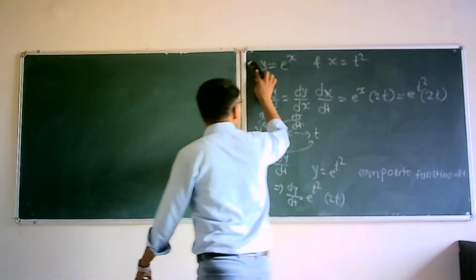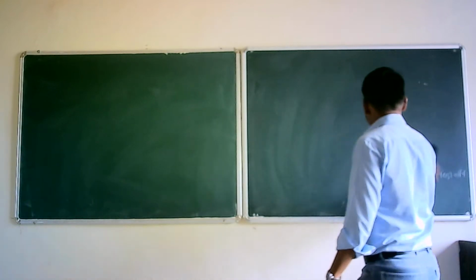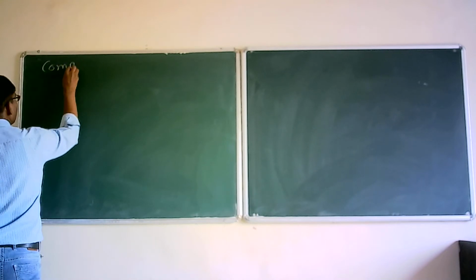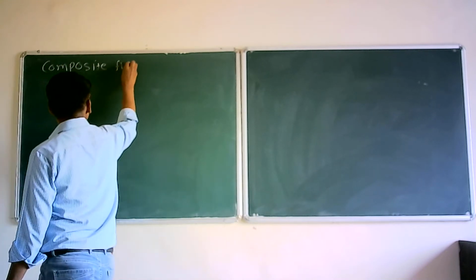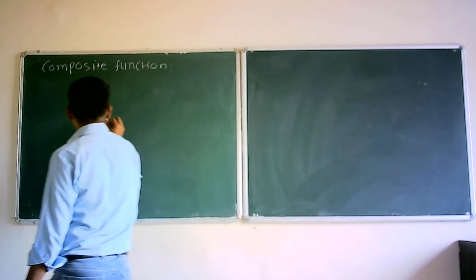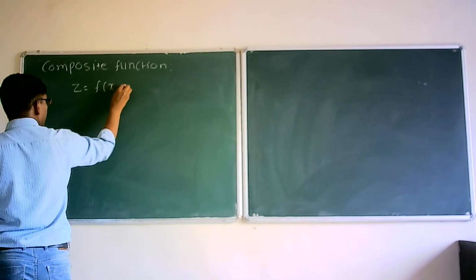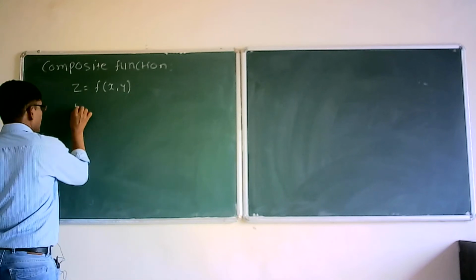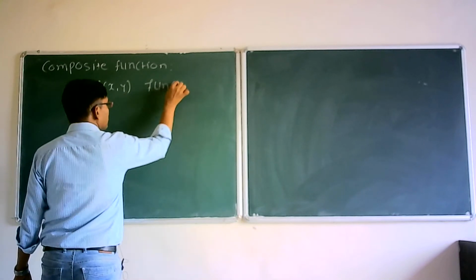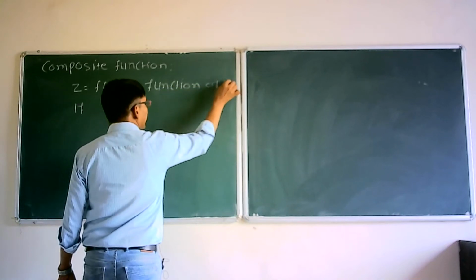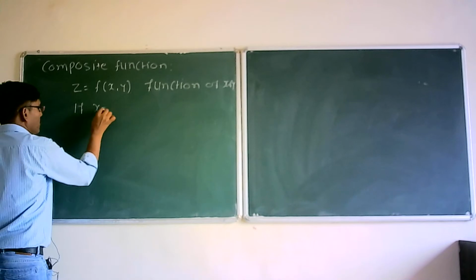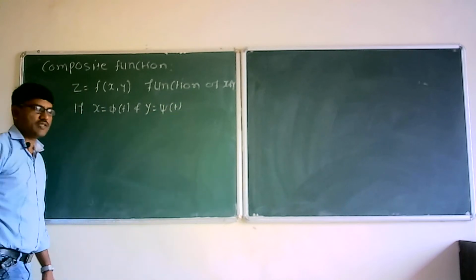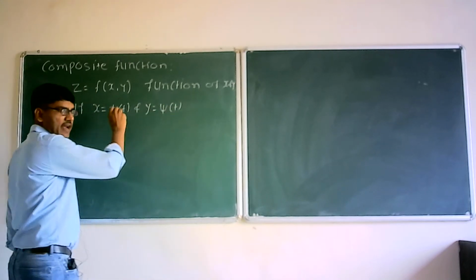Composite function for two variables: suppose z is equal to f of x, y is a function of x and y, and x is equal to phi of t and y is equal to psi of t are functions of t.